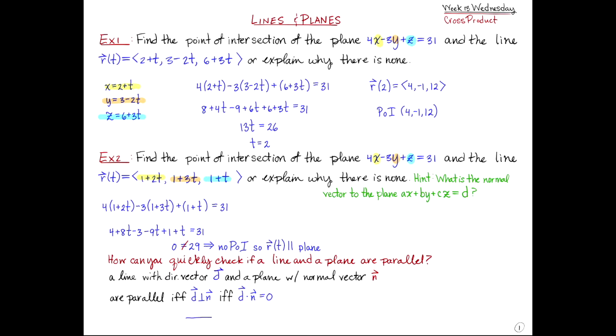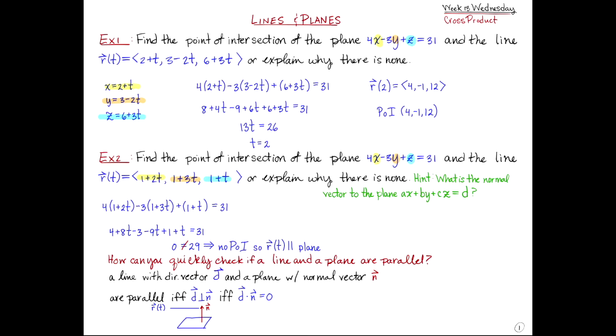A quick sketch helps to confirm this. I'll label our line r of t, and the plane has a normal vector, n. If the line is going to be parallel to the plane, then that line must be perpendicular to the normal vector.